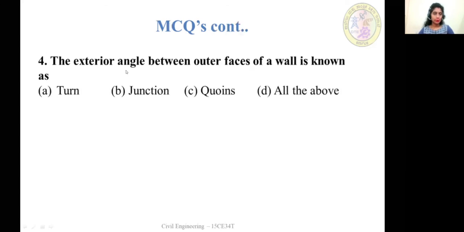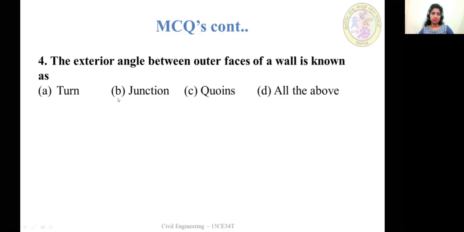Here is the next question. The exterior angle between outer faces of a wall is known as: option A, turn; option B, junction; option C, quoins; and option D, all of the above. Try to solve the question.